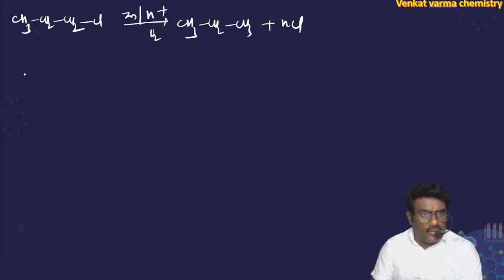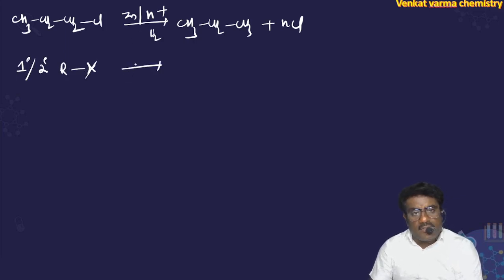Now, generally the reducing agent lithium aluminum hydride is also used for this method. Primary and secondary alkyl halide in presence of lithium aluminum hydride give primary and secondary alkane.